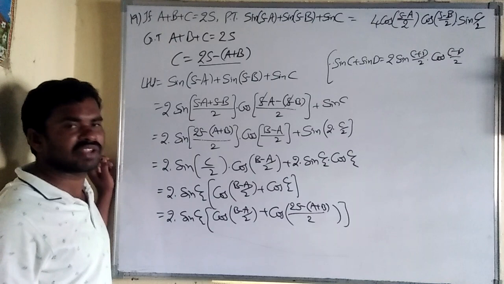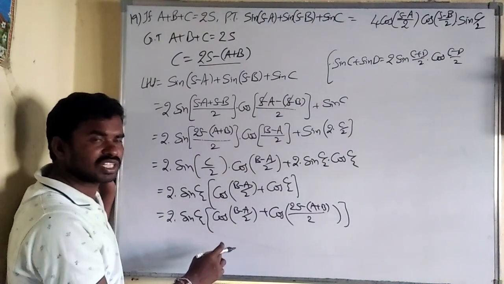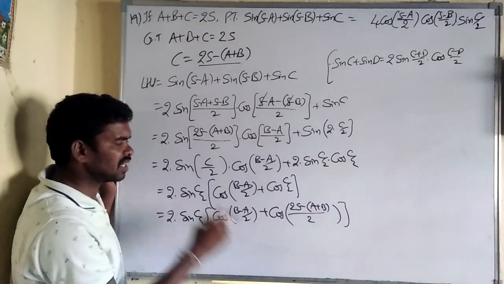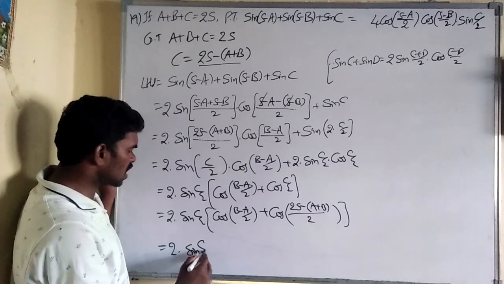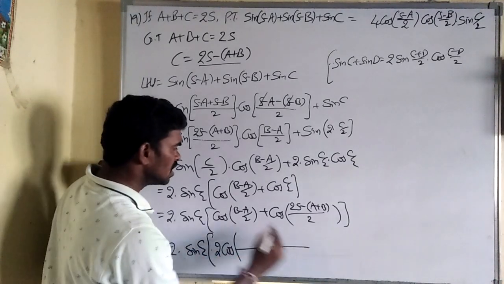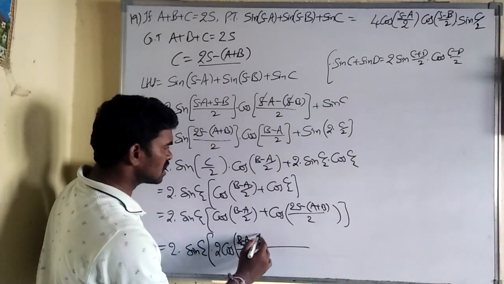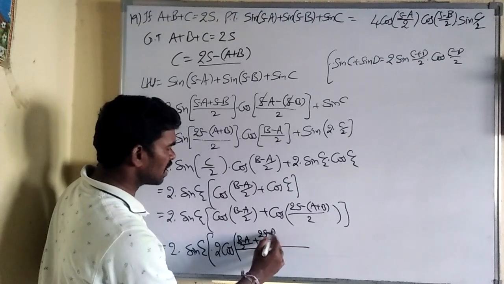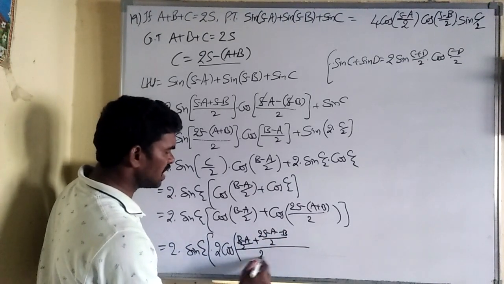Okay. Similarly, as I told in the previous one, this is in the form of cos c plus cos d. Okay now, what is the formula? 2 cos of c plus d by 2 into cos of c minus d by 2. So apply and you will get, for you, we will do here 2 sin c by 2 into 2 cos of c plus d, which means b minus a by 2 plus 2s minus of a minus b by 2, whole by 2.